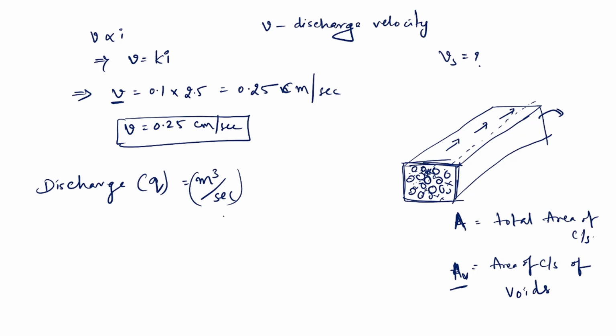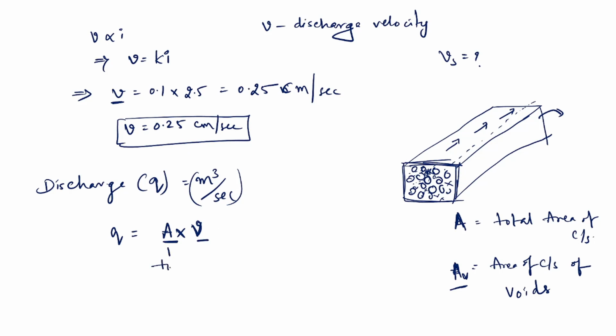So that discharge is calculated using area multiplied by velocity. Area of cross section, if you take total area, you have to use discharge velocity.